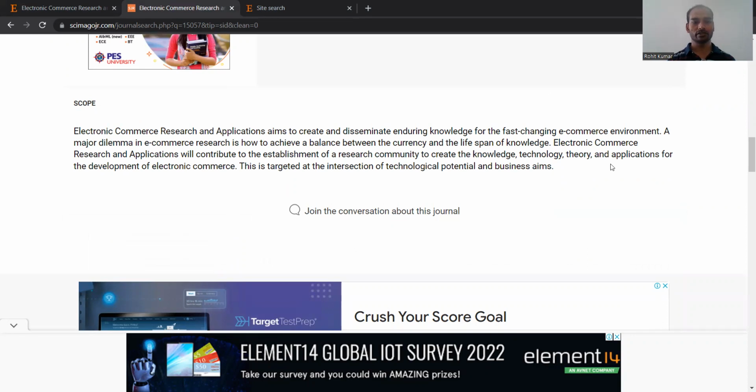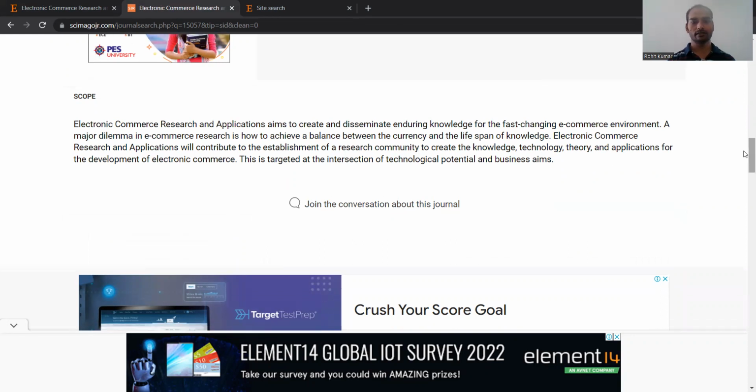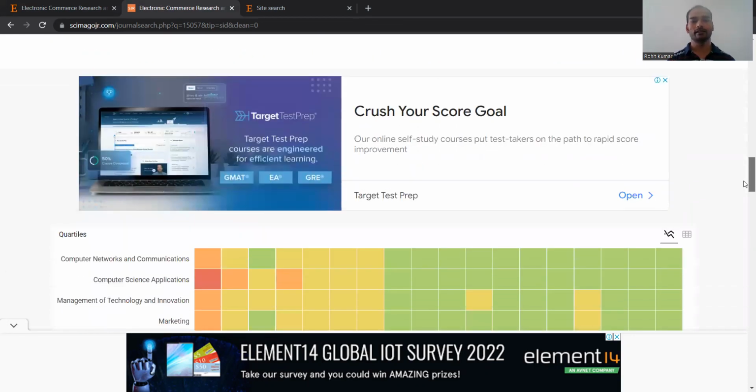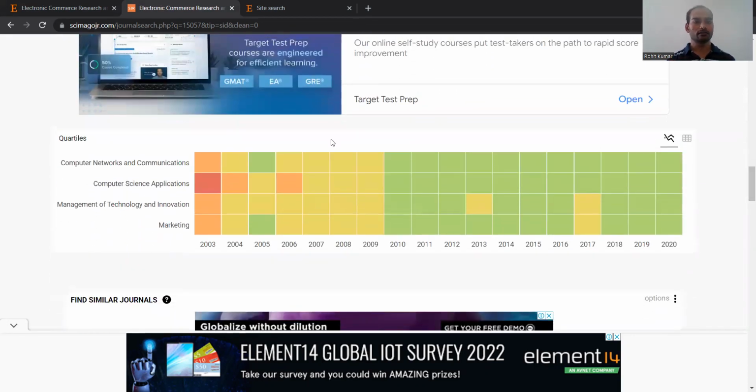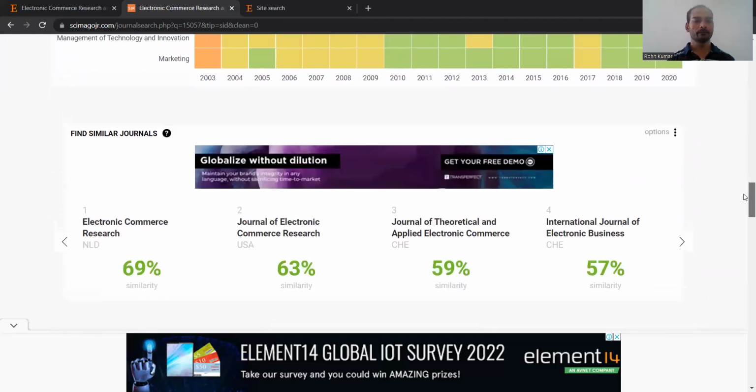There is nothing much; they have written in the general sense that they are going to contribute to the establishment of a research society to offer knowledge, technology, theory, and applications, like any general journal. Then here you can see the different quartiles; above we have seen there are 4 subtracks. These 4 quartiles are running at Q1 as of now. So the journal is perfectly Q1.